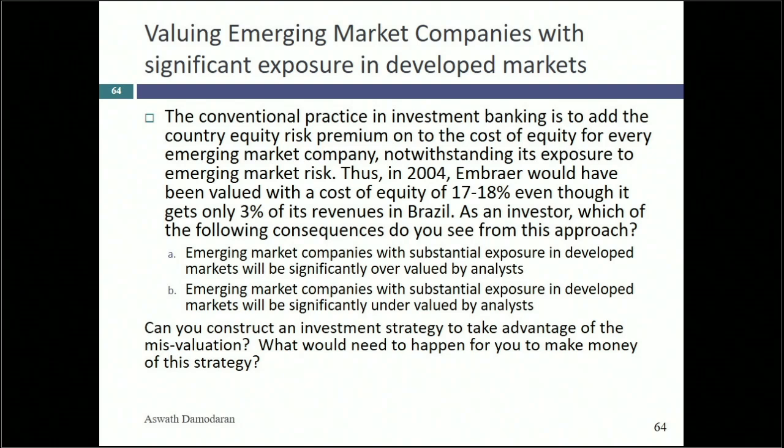So I'll send you this page because this is something I want you to think about, because remember we said investing is an act of faith. So let's suppose analysts do the conventional thing. They put 17%, 18%, 19% discount rates on all Brazilian companies. So what are they doing? They're pushing down the pricing for these companies. You come along and say, you know what, Embraer gets 97% of its revenues from outside Brazil.